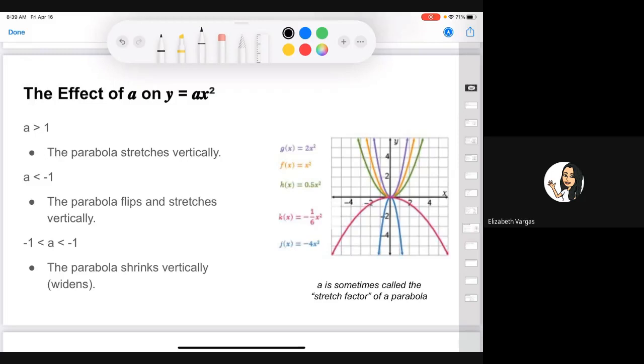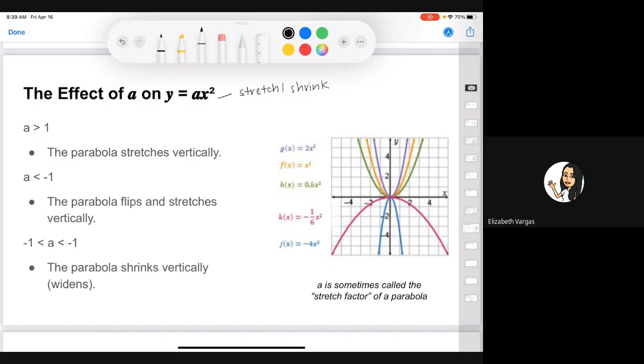What if we have an actual number for a? We'll see right here the effects of a on y equals ax squared. What if a actually has a value? It's not imaginary like in the other one we saw. Well, if a actually has a value, that will stretch or shrink our original graph.